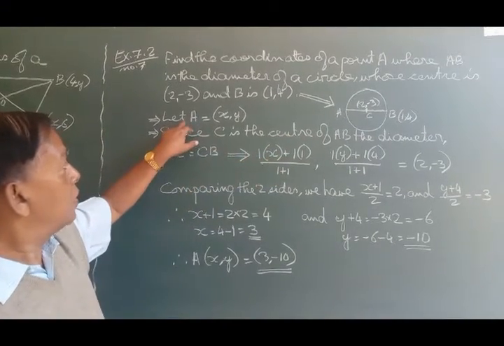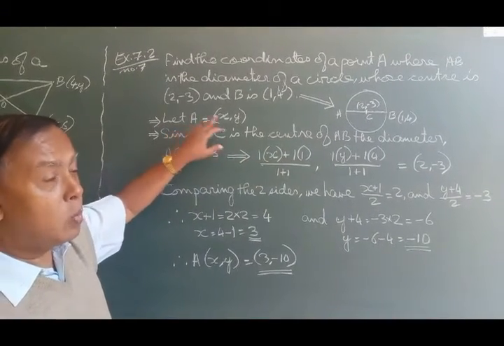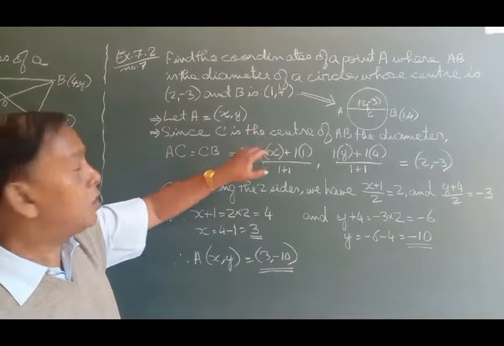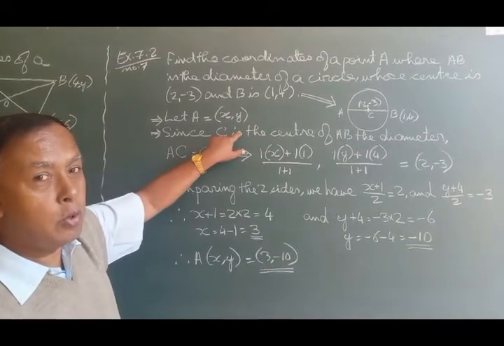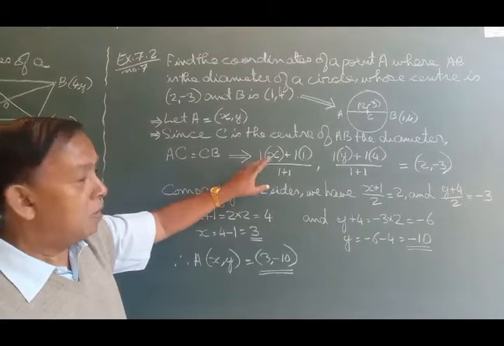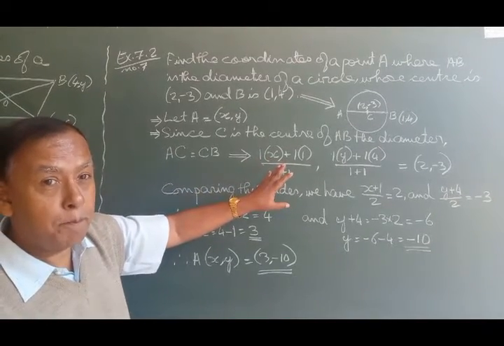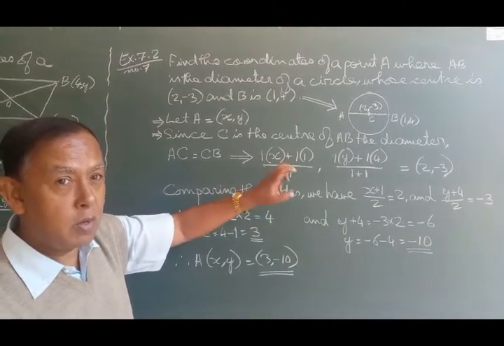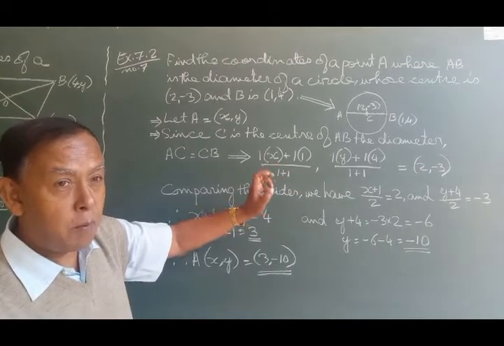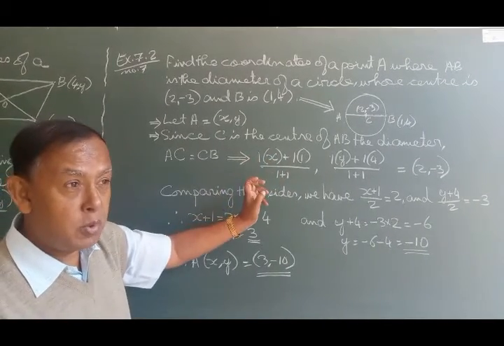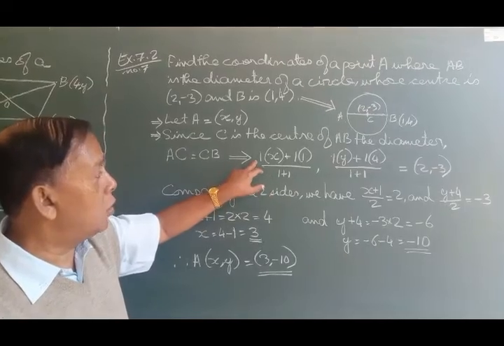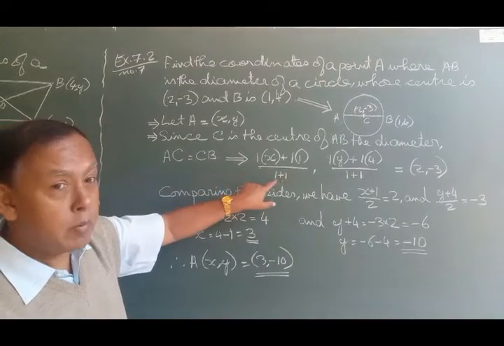And what is given here? First of all, let us assume the coordinates of A to be x and y. We do not know them. Therefore, we now apply the section formula. You remember the section formula, m1 x2 plus m2 x1. That is what we are doing here. And why are we putting 1?